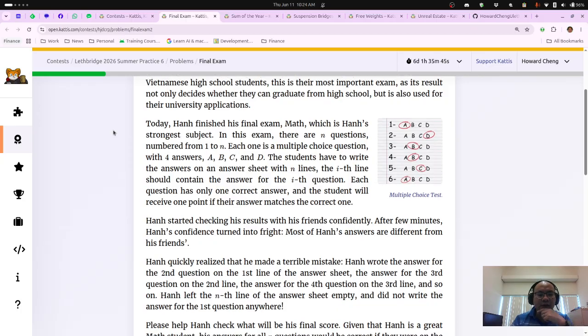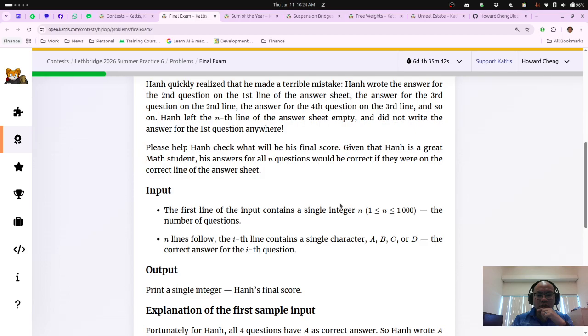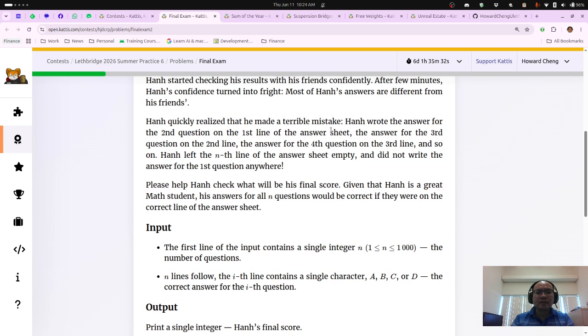Basically, you have n questions, and you provided n answers, but somehow you shifted all the answers. So the answer for the second question is on the first line, and then the answer for the third question is on the second line, and so on.